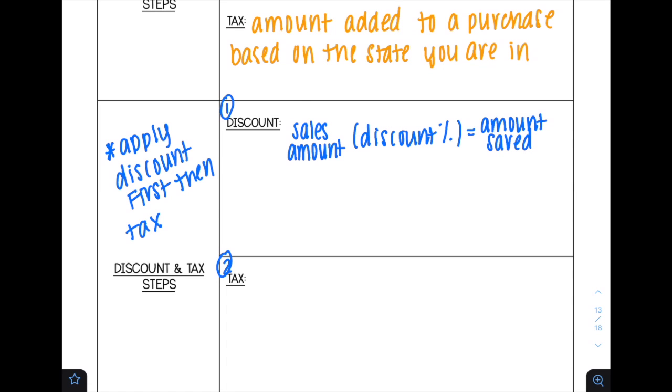Once you calculate this, you can then go to the next step: take that sales amount, that cost, and subtract the amount that you save to get your sales price.